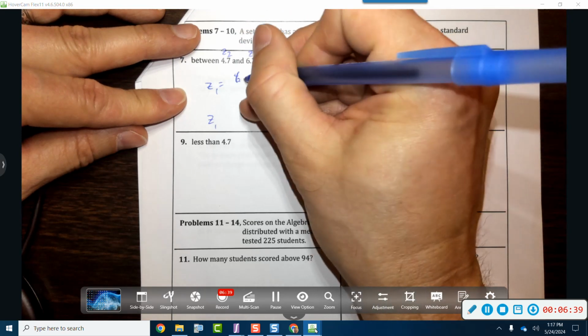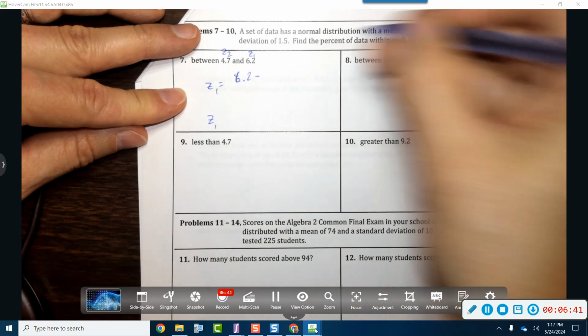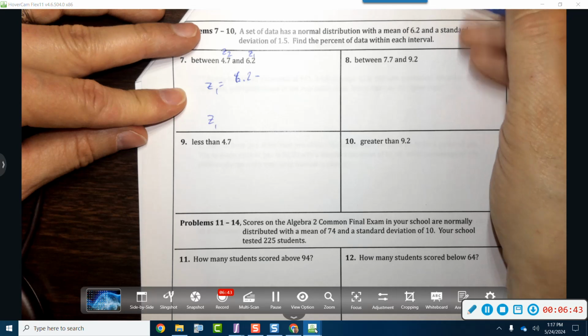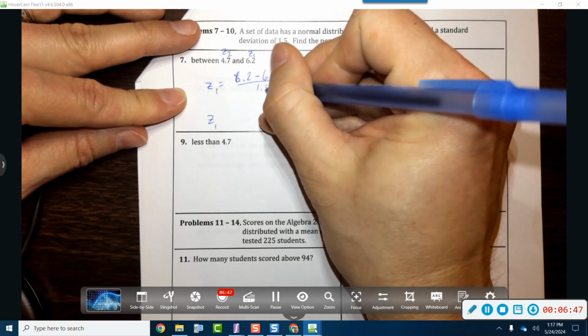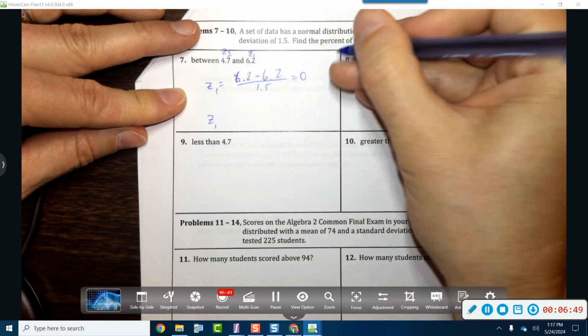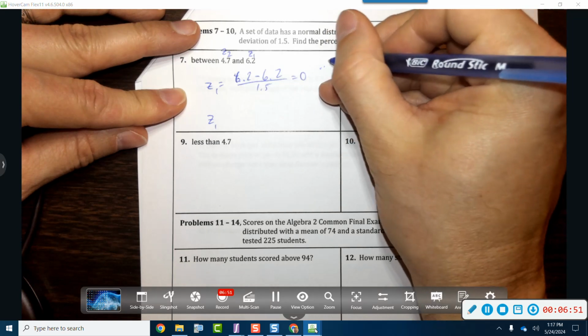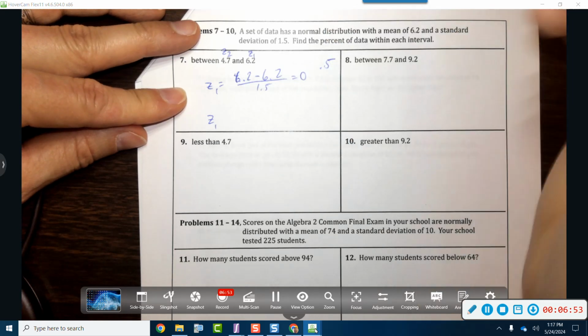So let's do 6.2 here minus the mean is 6.2. Okay, so we got a z-score of 0, which means that is 50% in our table, and I didn't even need to look that up.